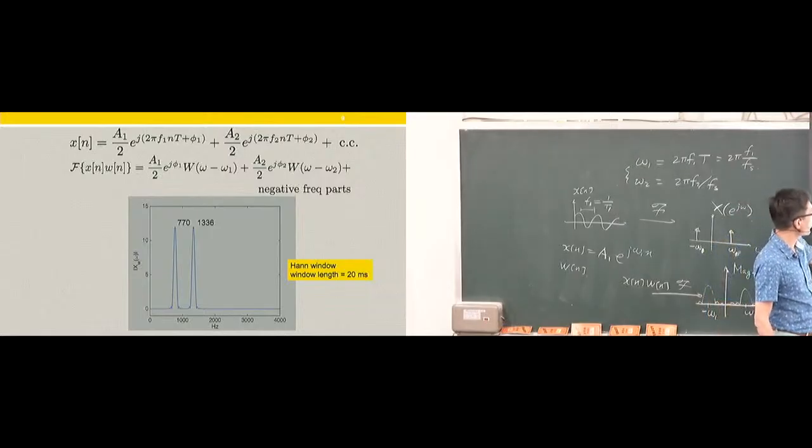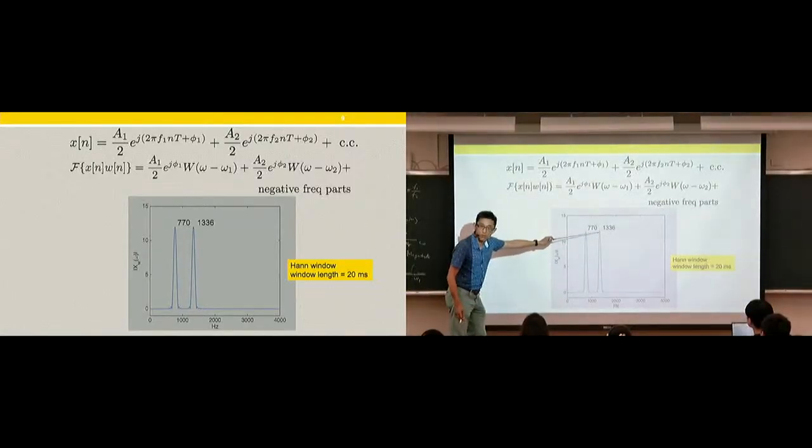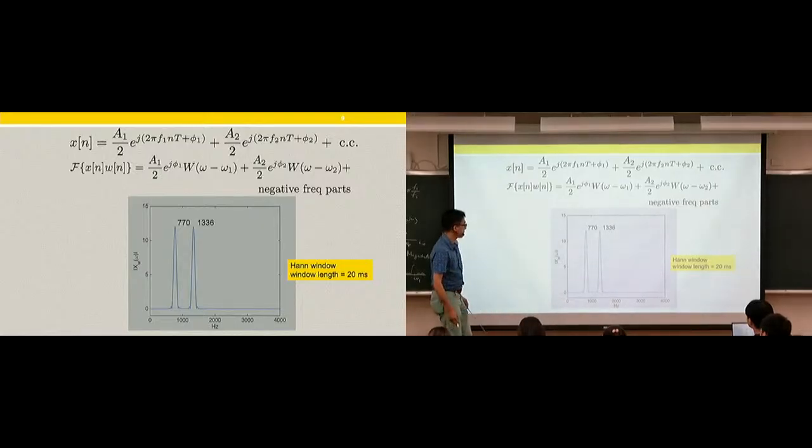Exactly this Fourier transform, after we window the signal, and the signal has two tones, we expect to see a tall main lobe. But if you look closely, there are side lobes. These are the side lobes, around right here, and right there. We expect to also see some side lobes.